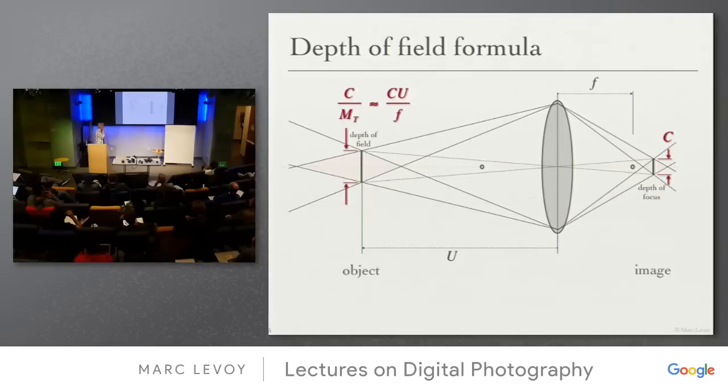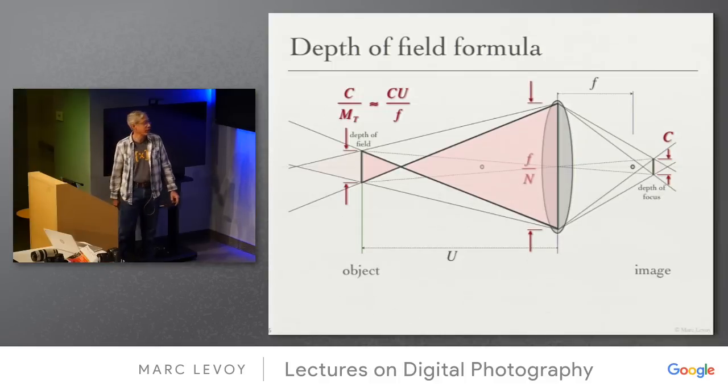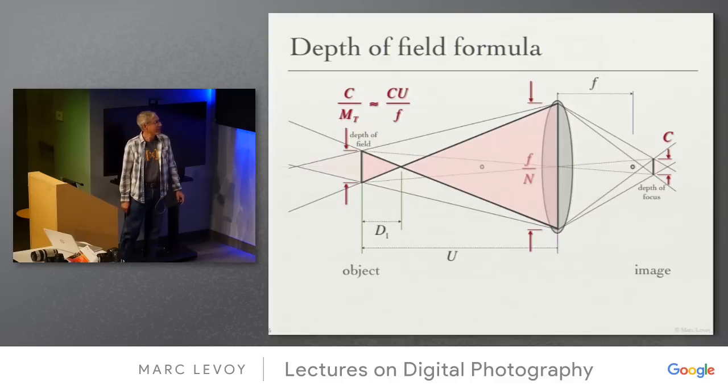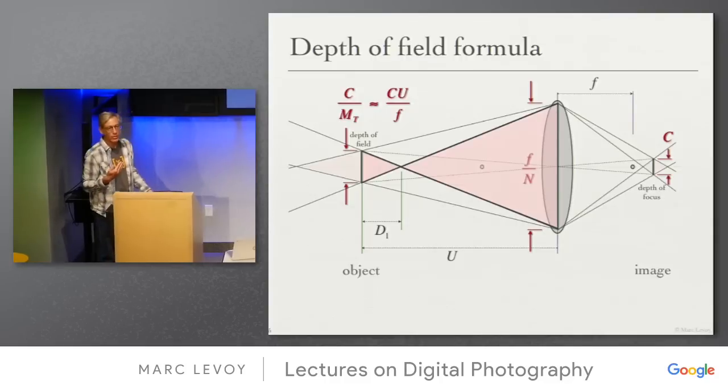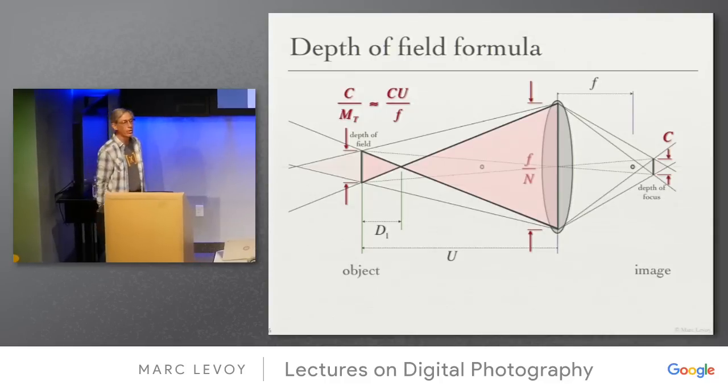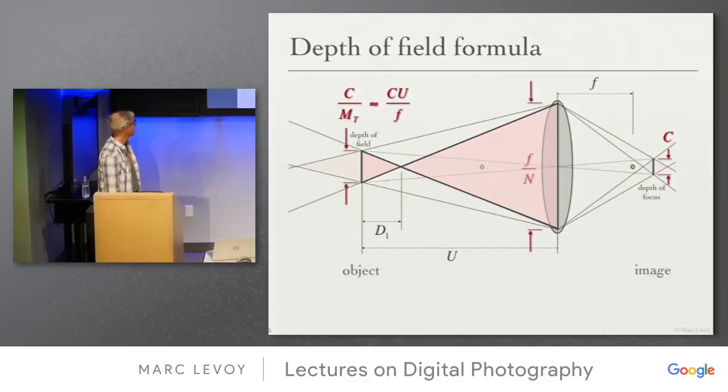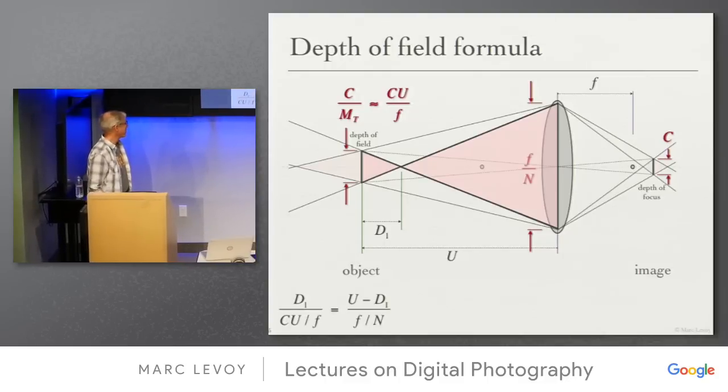And then we can do this similar triangle. There's the aperture, A equals F over N, the aperture diameter. There's the first distance we'd like to compute. We'd like to know how far in front of the in-focus plane stuff would still be in focus according to our allowable circle of confusion. And there's the formula.